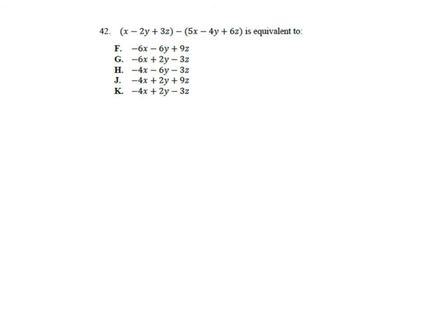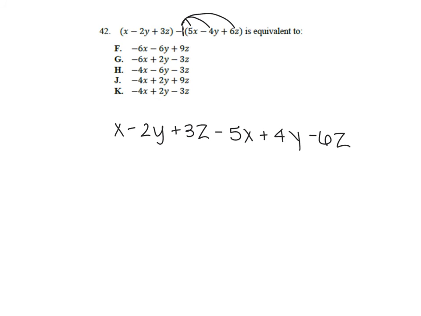For this example, you are just distributing and then combining like terms. Here I technically have a negative 1, so I need to distribute that into this. I'm going to rewrite my first part of the equation. Then for the second part, negative 1 times 5x is negative 5x. Negative 1 times negative 4y is positive 4y. Negative 1 times positive 6z is negative 6z.